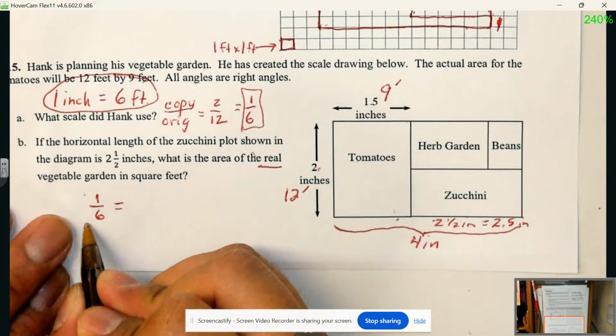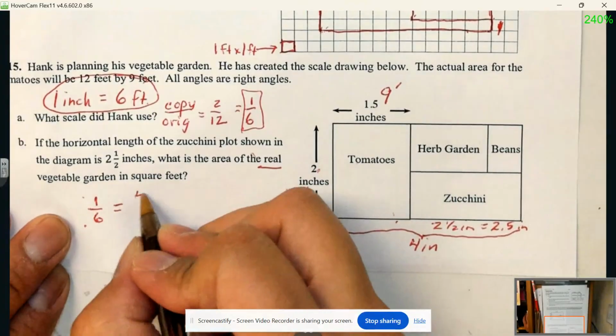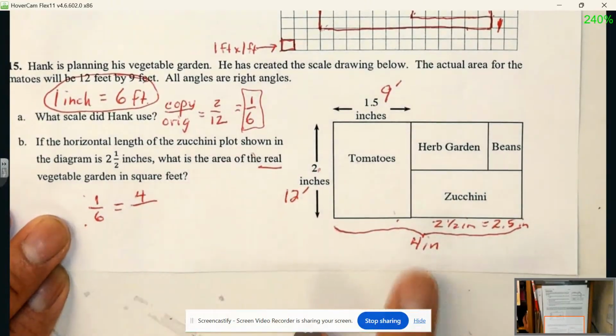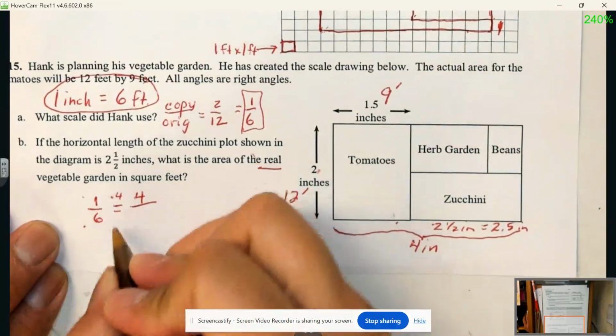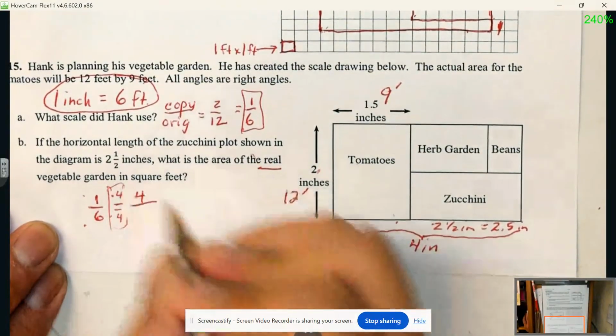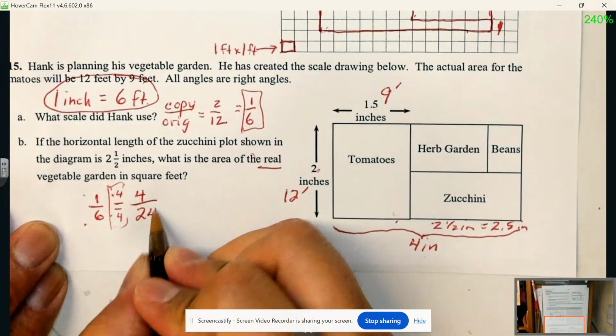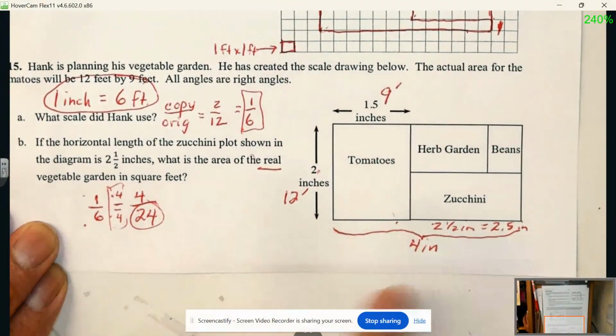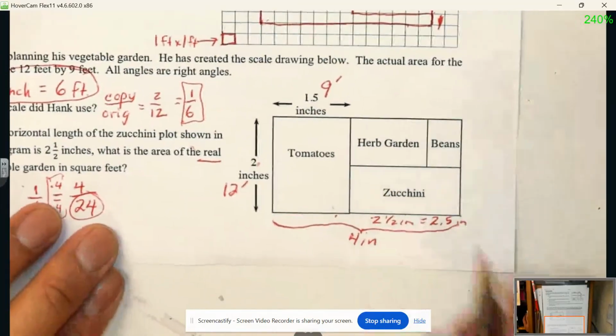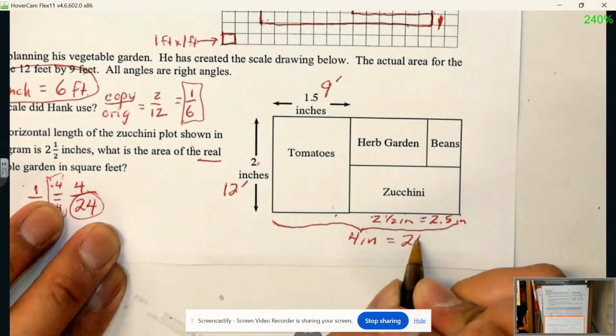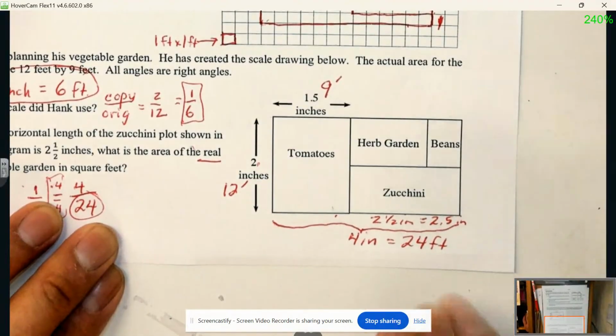That's inches to feet. And we know that this is 4 inches. So we're trying to find out in feet. So we're going to use the giant 1, and that gives us 24 feet. So 4 inches is equal to 24 feet.